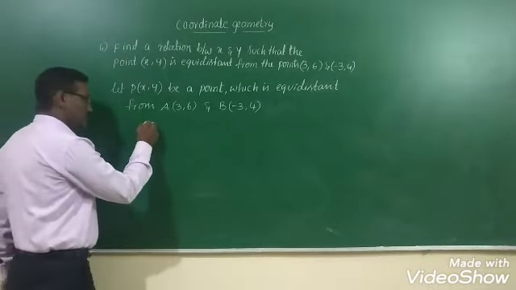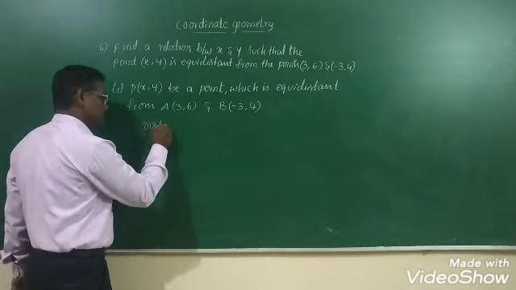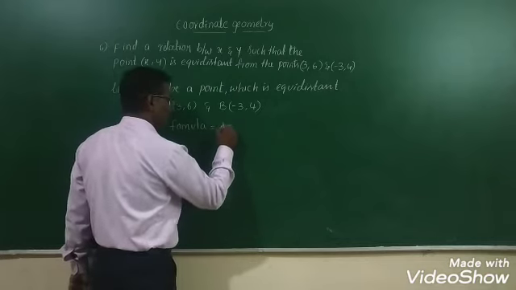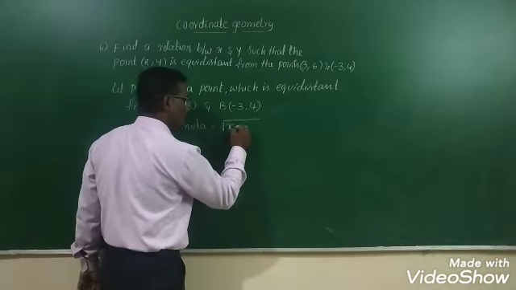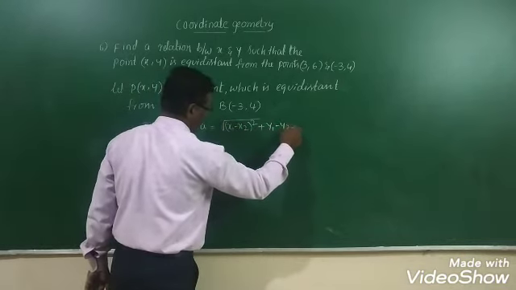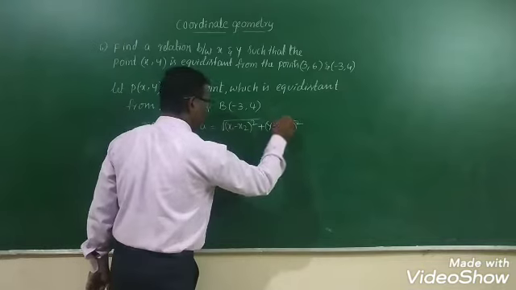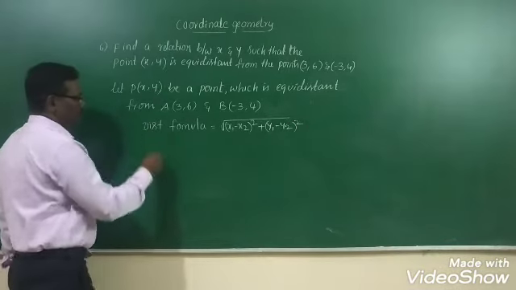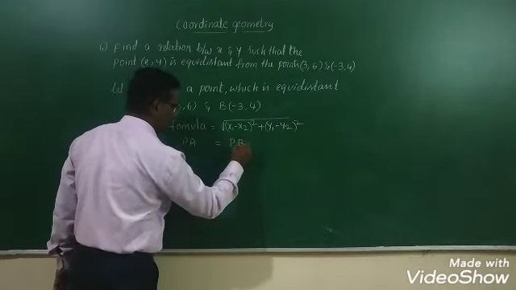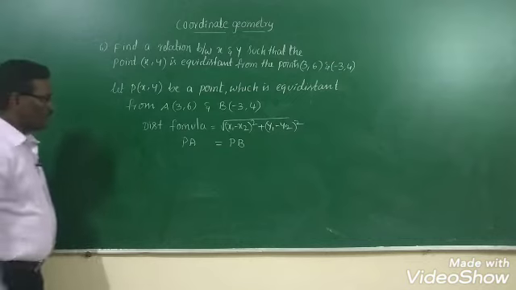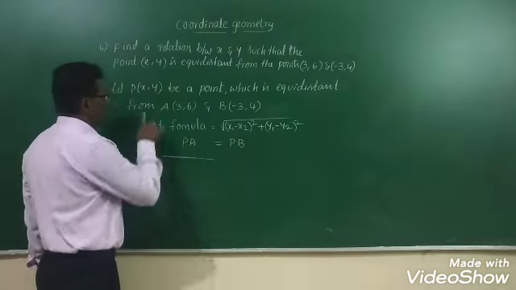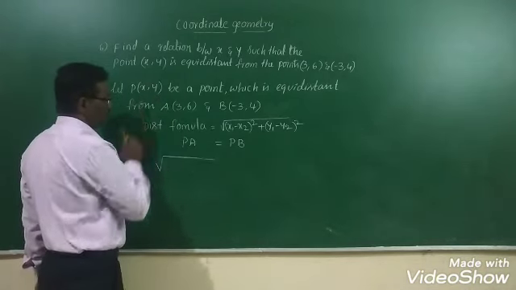So again, we use the distance formula: root of x1 minus x2 whole square plus y1 minus y2 whole square. This is the formula. According to the problem, P to A distance and P to B distance both are equal. Now PA, with P the first point and A the second point: x1 y1, x2 y2.